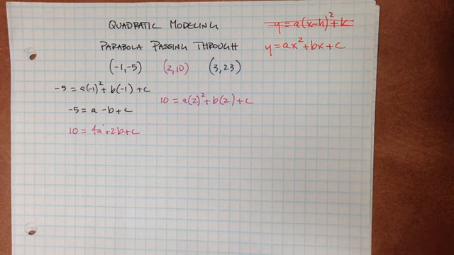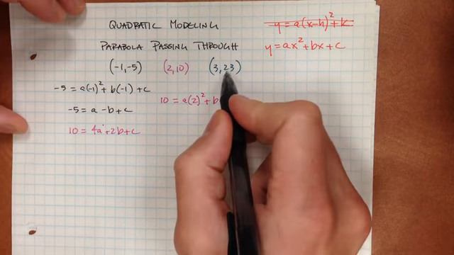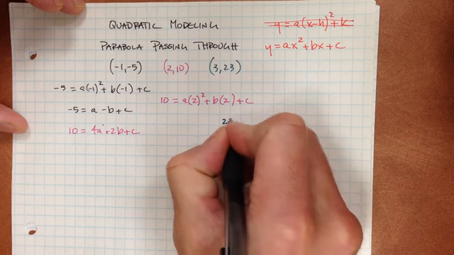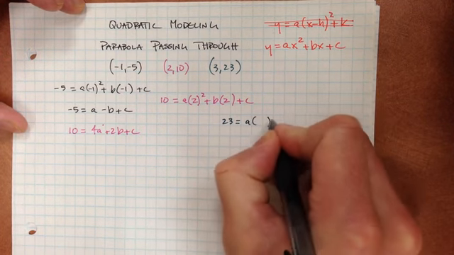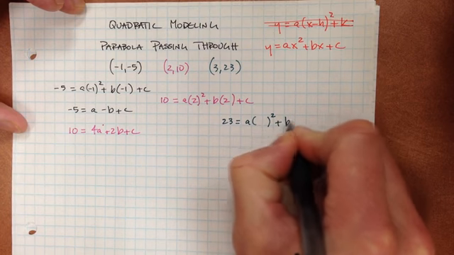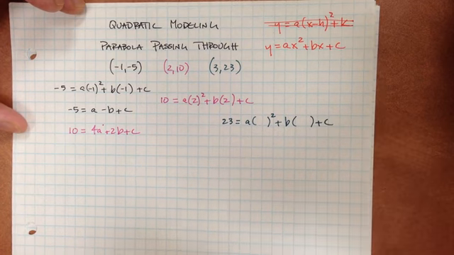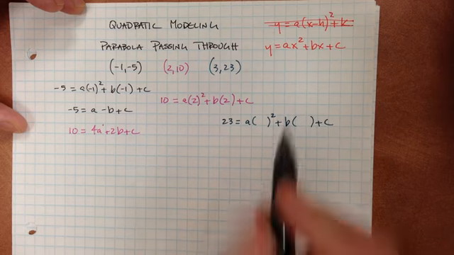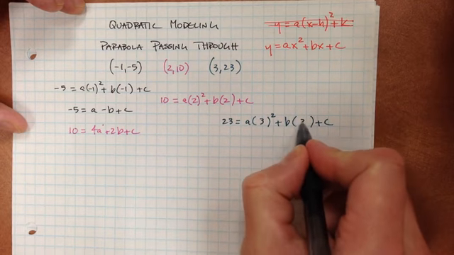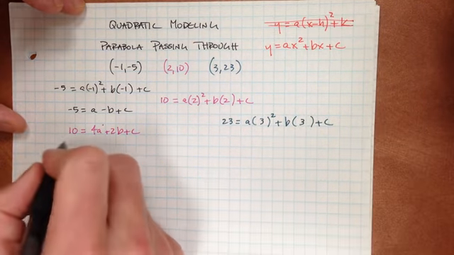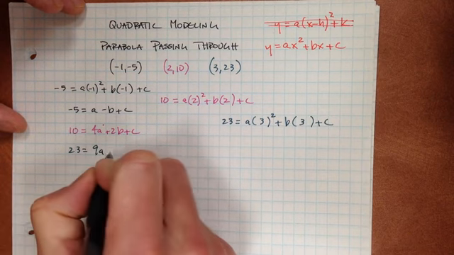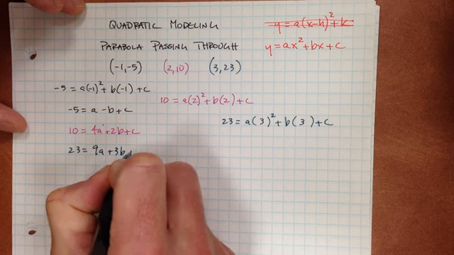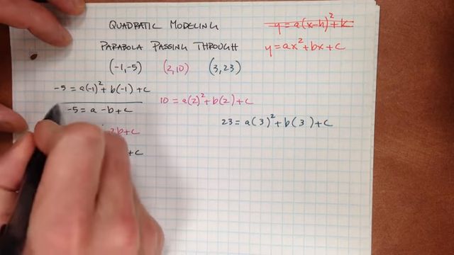Then we can deal with the green here. I am plugging in 23 for my y value, and here my x value is 3. Clean it up, and we end up with 23 equals 9a plus 3b plus c.